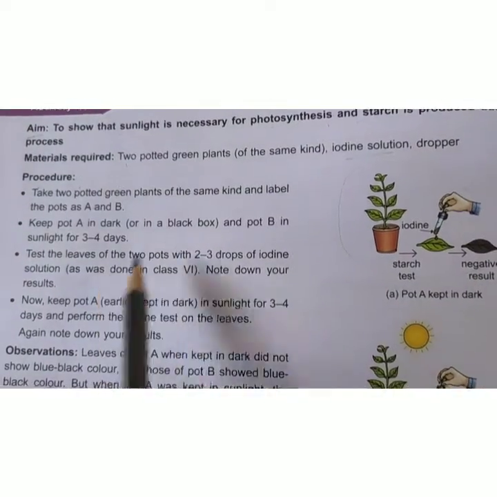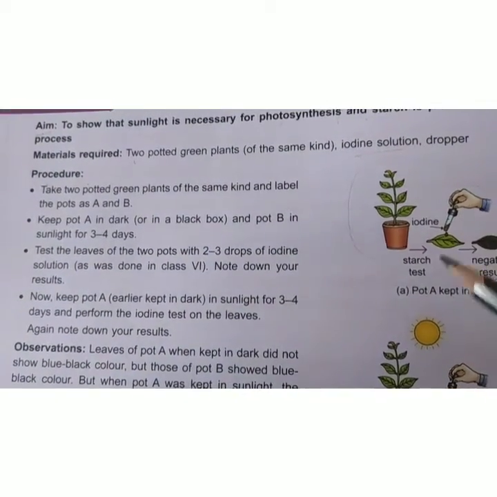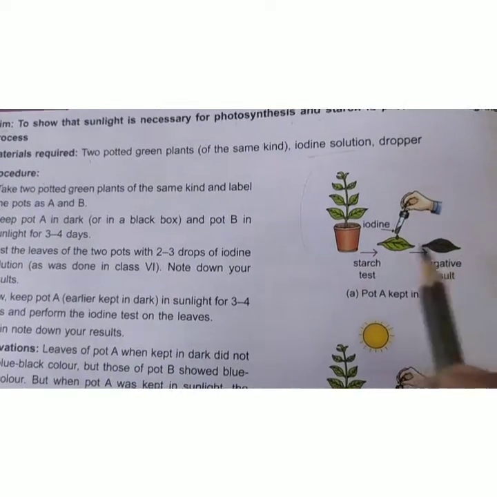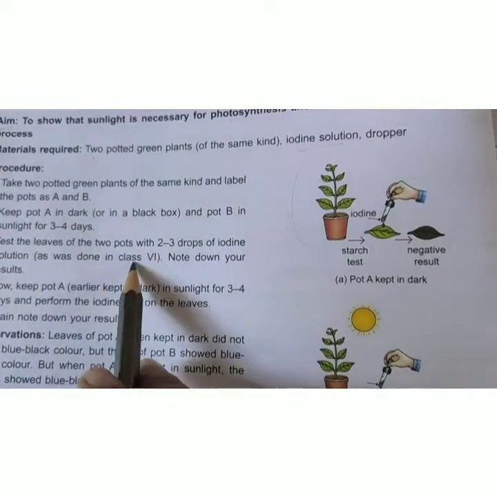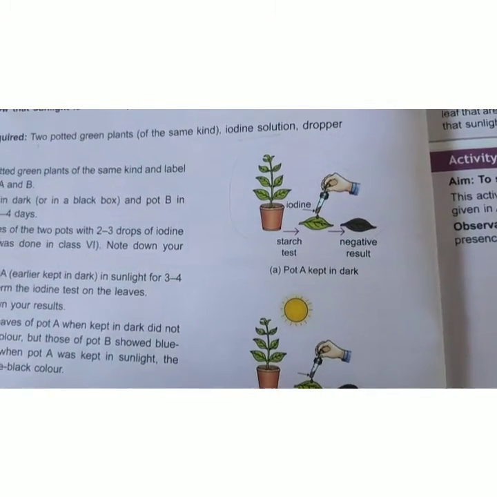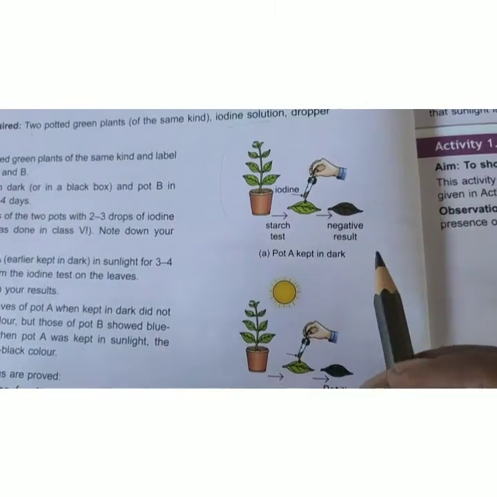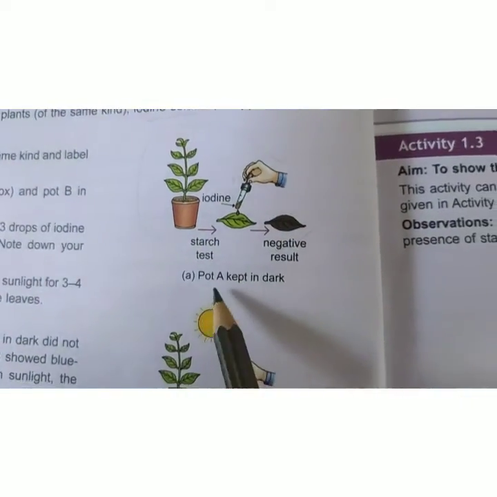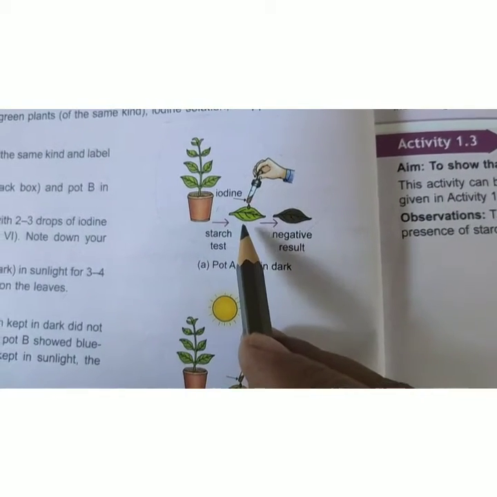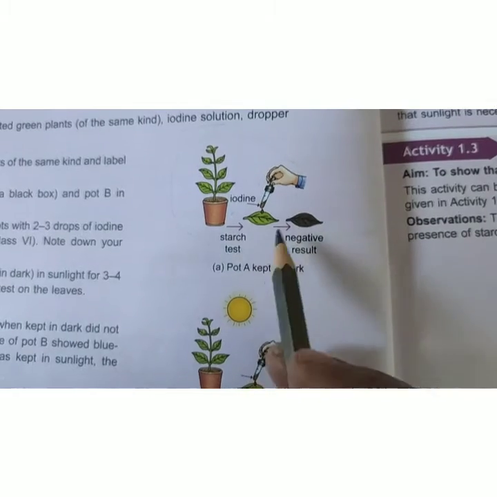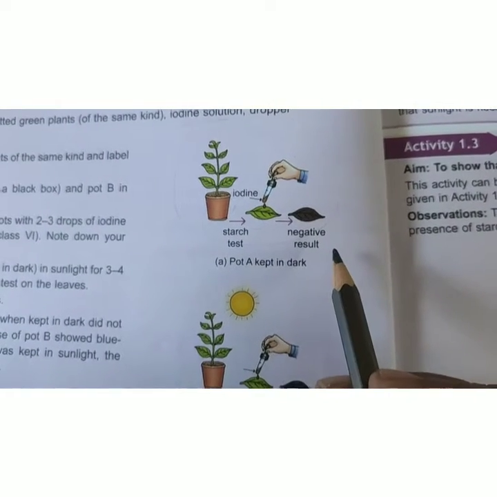Then test both the plants with 2 to 3 drops of iodine solution on the leaves. You have read this in class 6 also, and you see what happens. The plant that was kept in the dark, if you put iodine solution on the leaf, there will be no result. It won't change to the blue-black color which we get.